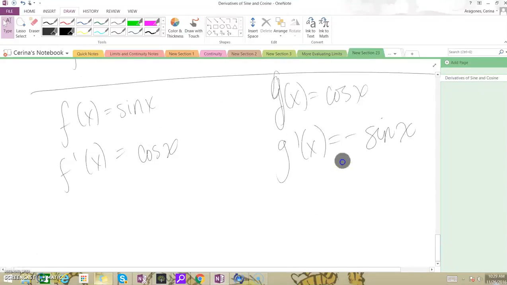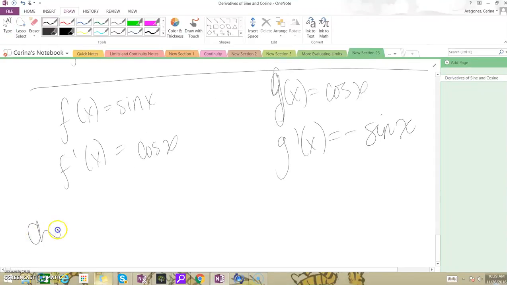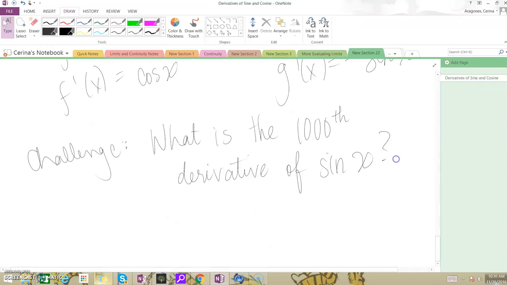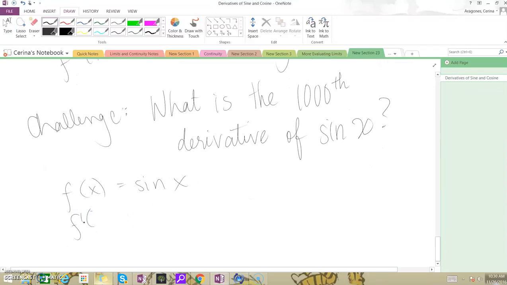So my challenge question to you is, what do you think is the 1,000th derivative of sine? I'll give you a start. If our function is sine, our derivative is cosine.